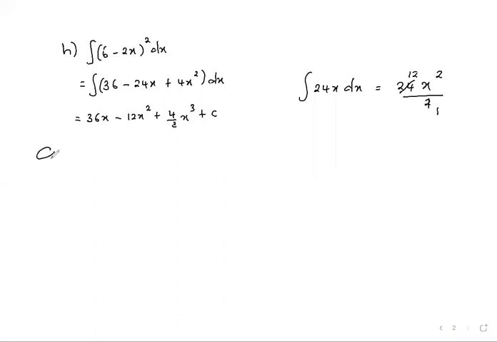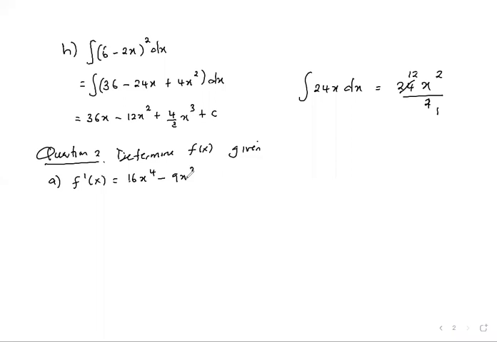Then you talk of question 2. Question 2 is saying determine f of x given a, we are given f prime of x is equal to 16x^4 minus 9x squared minus x.